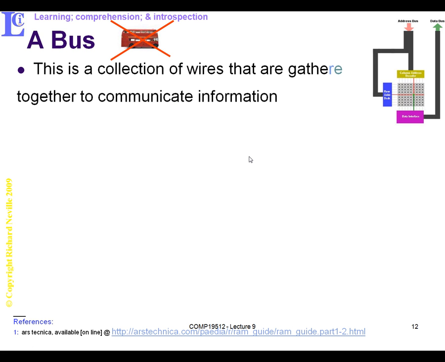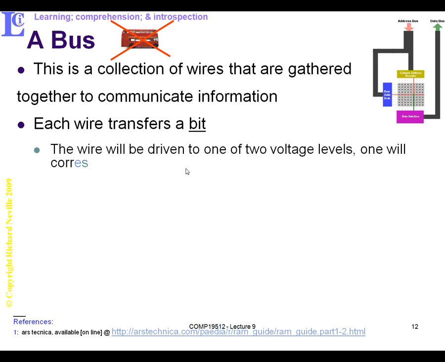But now let's look at a basic bus. What we're talking about with this type of bus, be it this one or this one, is communicating information, where a collection of wires will be given an address or used to transmit data. So on each transfer, a single wire transmits a bit of information, which on that wire can either be set to a high, a 1, or a low, 0.